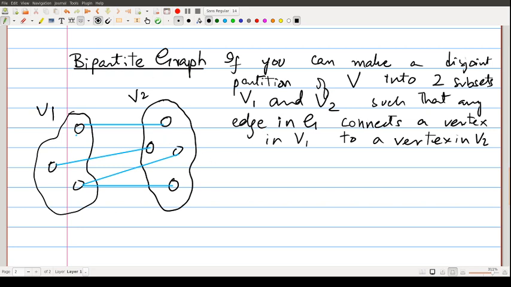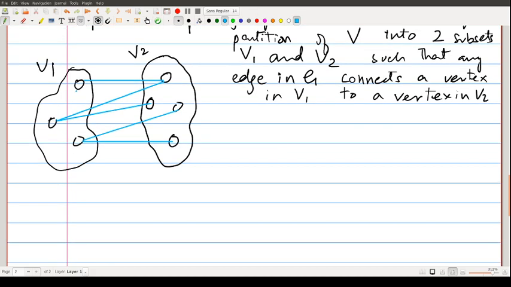Some graphs are bipartite, they can be separated like that. Some graphs are not bipartite. For example, let's think of a graph and see whether it's bipartite or not. If I draw a simple little graph like this, let's say 1, 2, 3, 4, just 4 vertices, is this a bipartite graph?